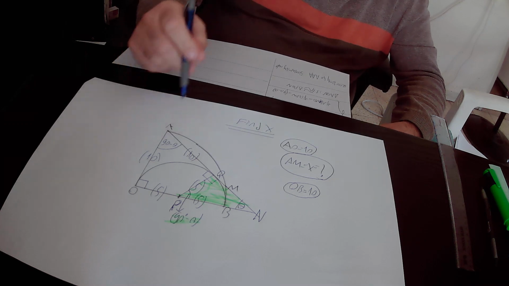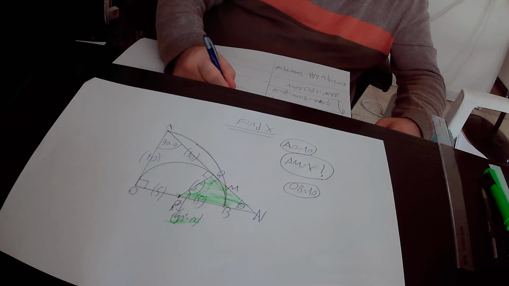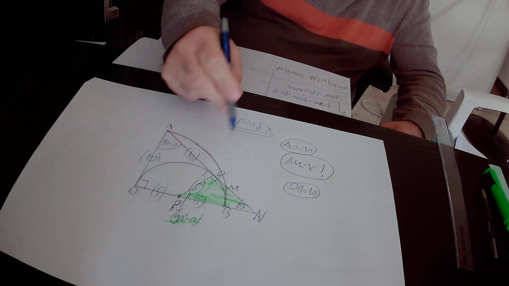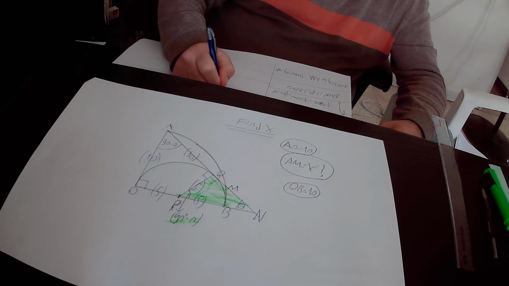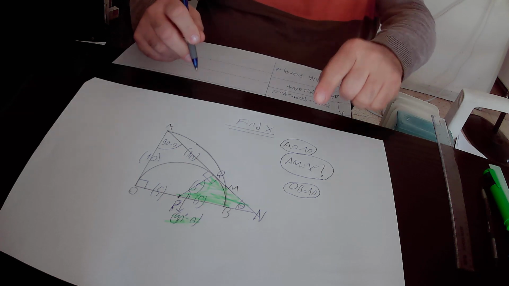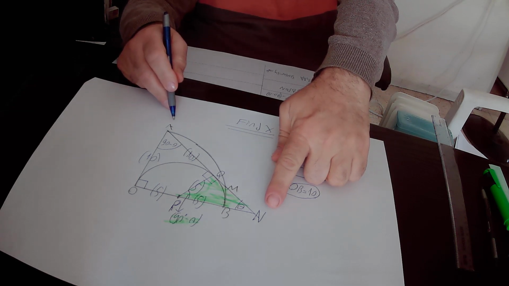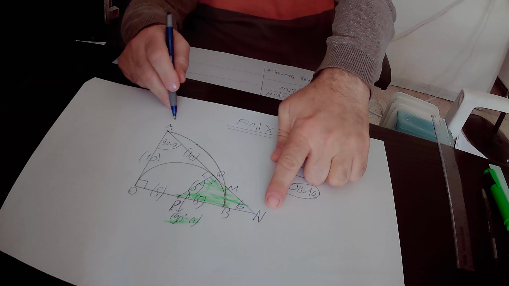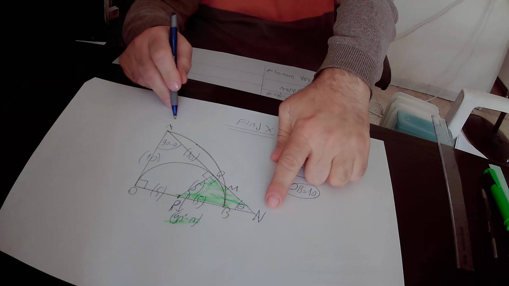AO equals 10 units in its length over QP. QP equals 5 units, and it equals AN over PN. What is the length of AN? For now it is very easy to see that AN equals AQ plus QN. That is to say AN equals AQ, that is 10, plus QN.